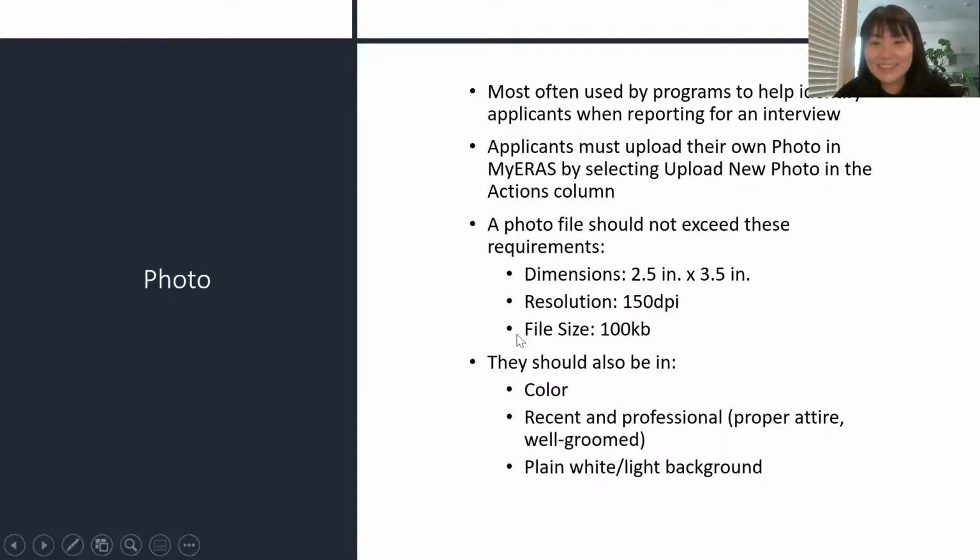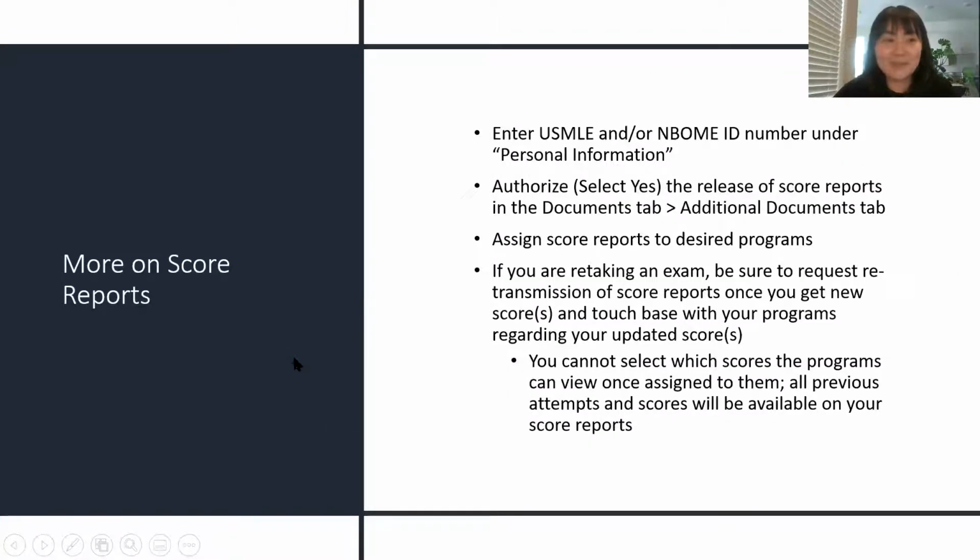Okay, more on score reports. Be sure to enter your board licensing ID numbers. Once you go to the Documents tab, you'll go to the Additional Documents tab and select Yes to authorize. This will all be pretty self-explanatory once you're actually on ERAS, and you assign the score reports to your desired programs. You'll notice now that every piece of documentation on ERAS can be assigned to your programs.